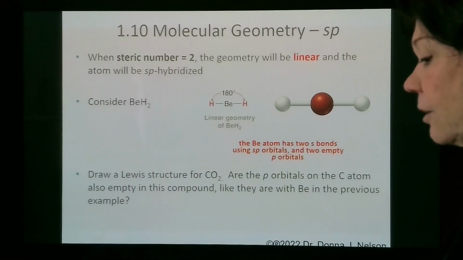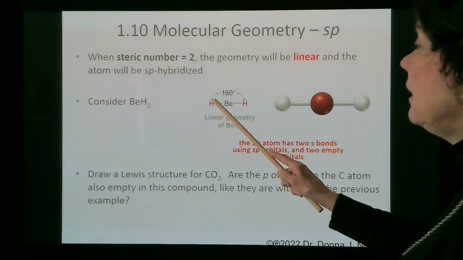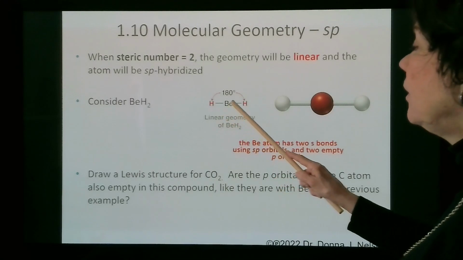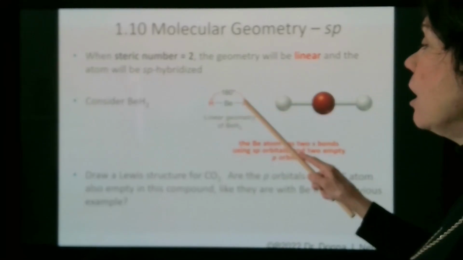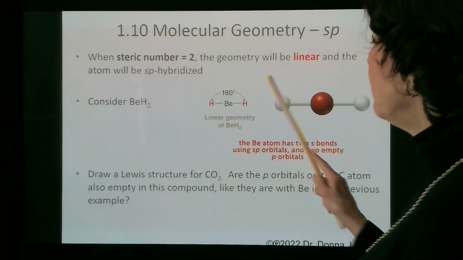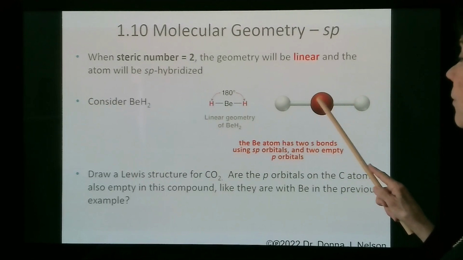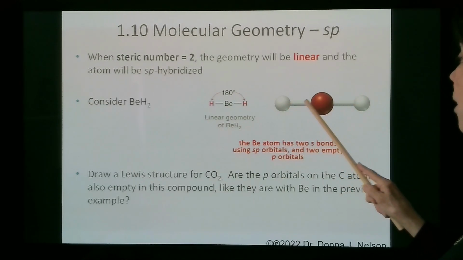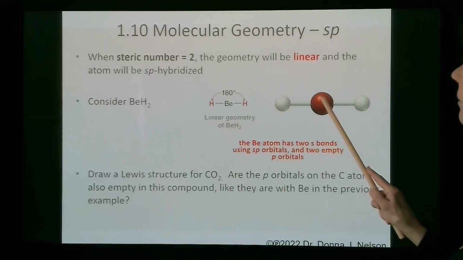Now, let's consider beryllium hydride. The beryllium hydride has a linear geometry. So the steric number is 2. You only have 2 pairs of electrons on beryllium. Both of these bonds are to hydrogen.